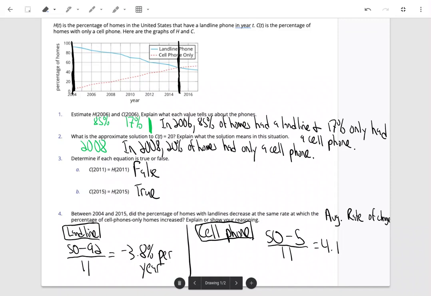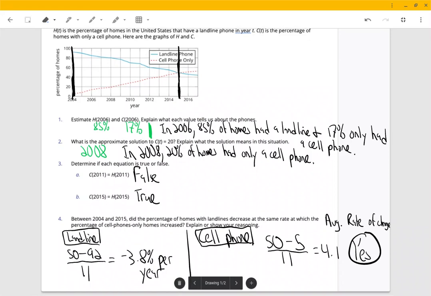So in all essence, did they decrease and increase at the same rate? I'm actually going to say yes, because they were so close to each other and we were just estimating. Landlines dropped at 3.8% per year, cell phones rose at 4.1% per year. So it's such a small difference. We're going to say yes, they did.